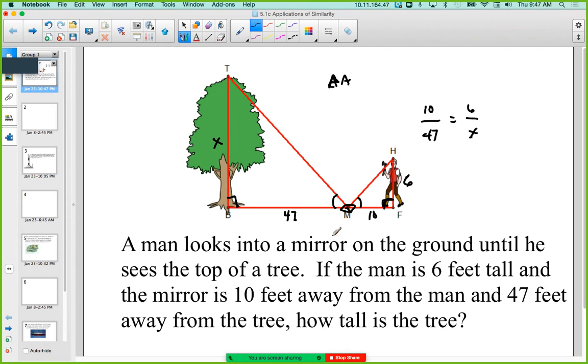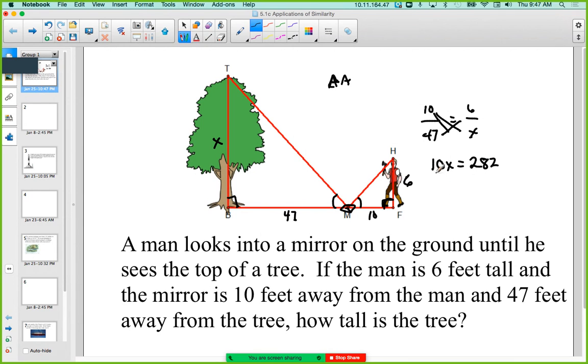I can solve by cross multiplying. 10 times x is 10x. 47 times 6. I would recommend using a calculator for some of these because you probably can't do all of them in your head. Although I'm confident in my math skills, I'm just being safe. 10x equals 282.